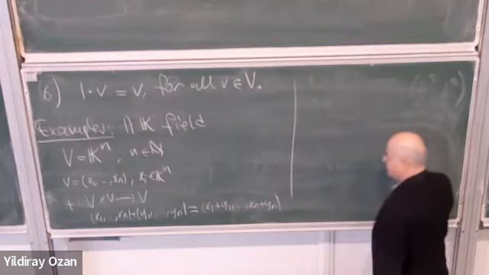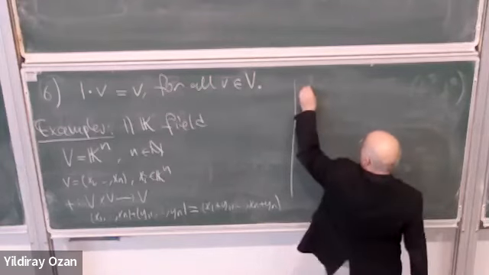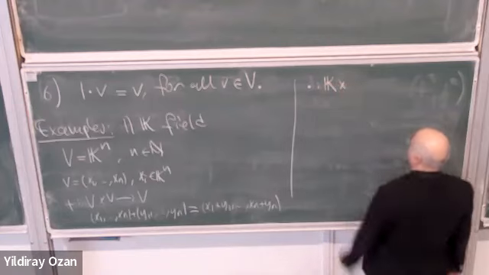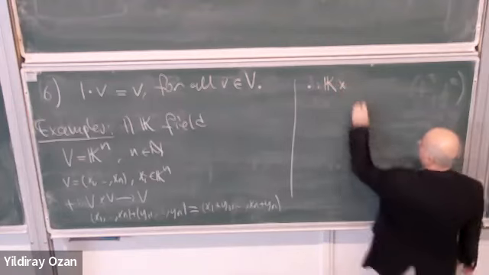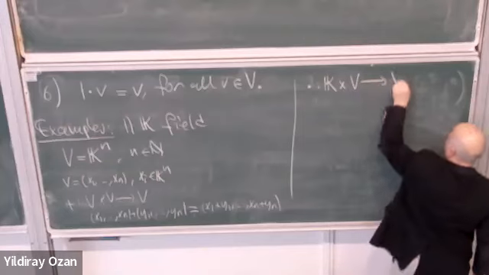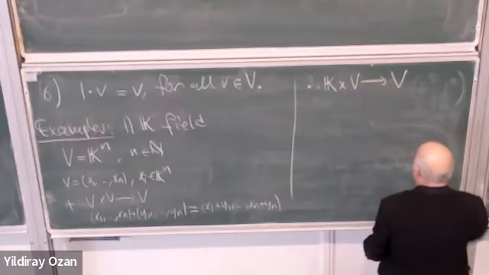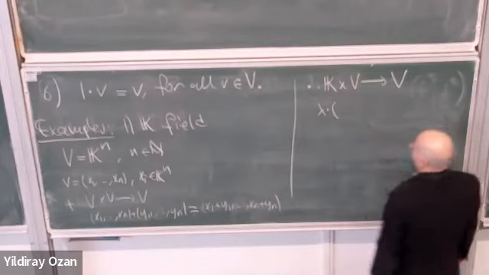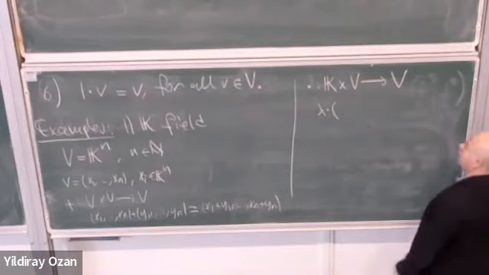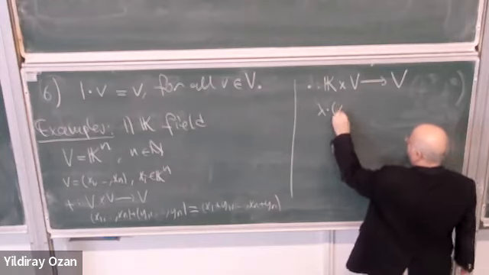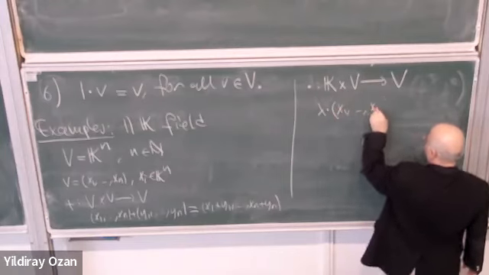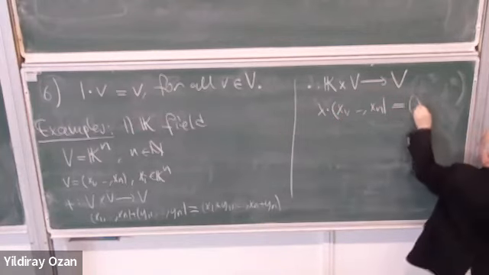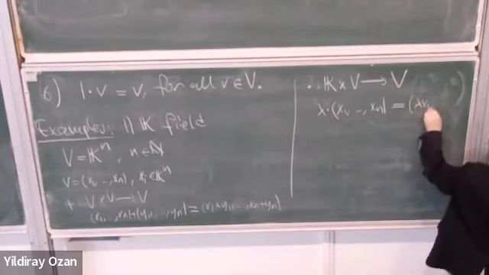And we have scalar multiplication defined on the Cartesian product K times V into V. How is it defined? Whenever we take a constant field element and a vector, we just define the scalar product as just this.